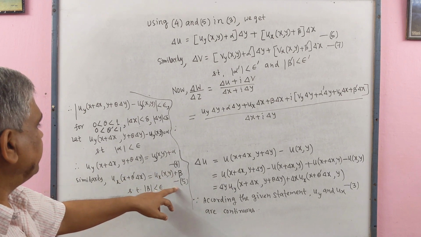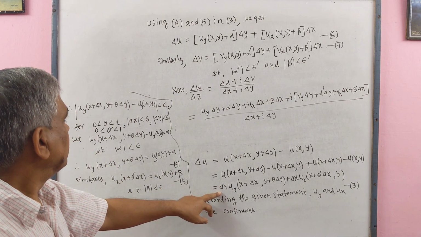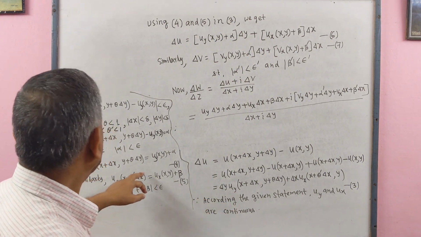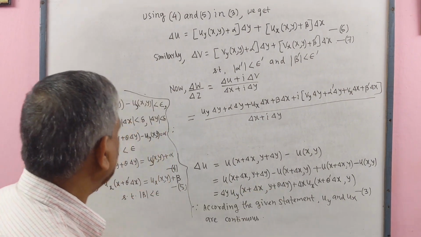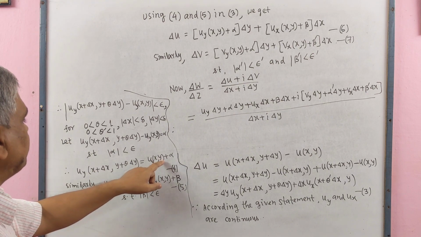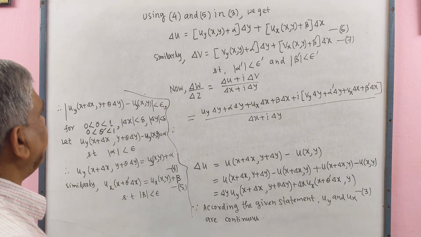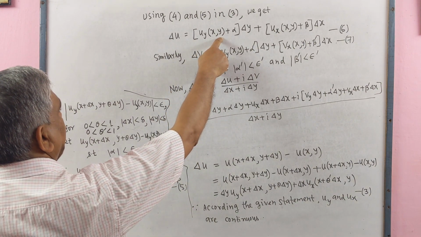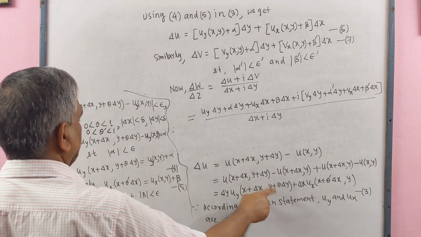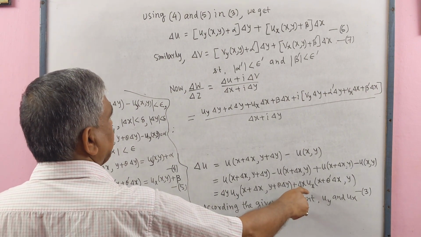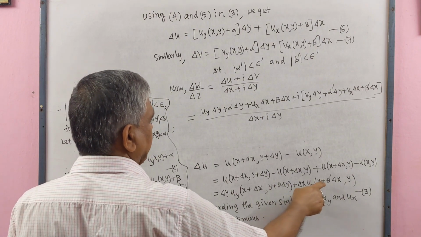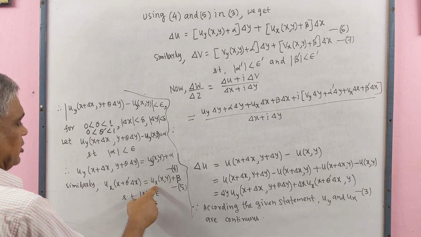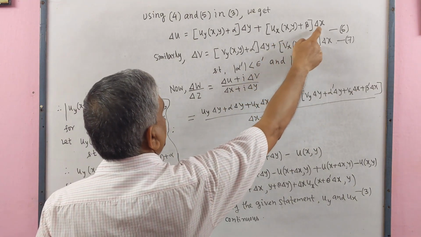Using 4 and 5 in equation 3, we get delta u equal to uy(x plus delta x, y plus theta delta y), which equals uy(x, y) plus alpha, into delta y, plus ux(x plus theta' delta x, y), which equals the partial derivative of u with respect to x, ux(x, y) plus beta, into delta x.